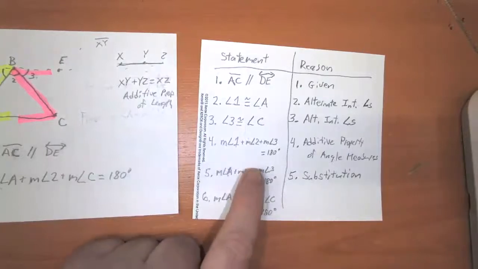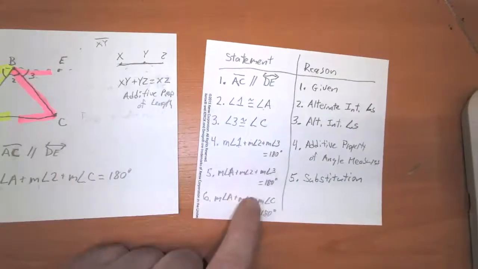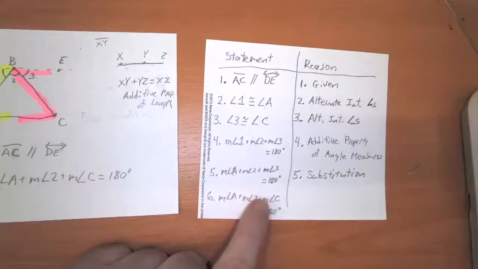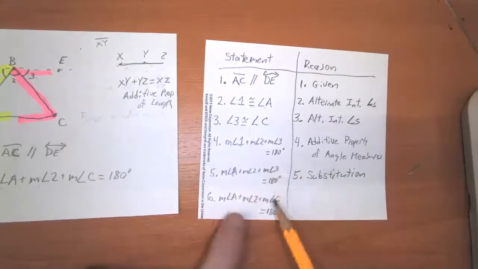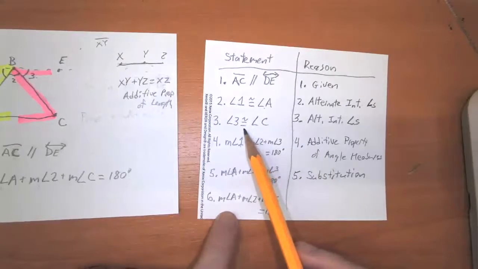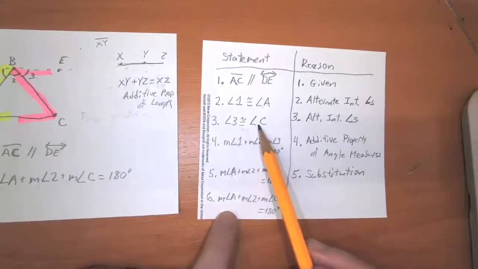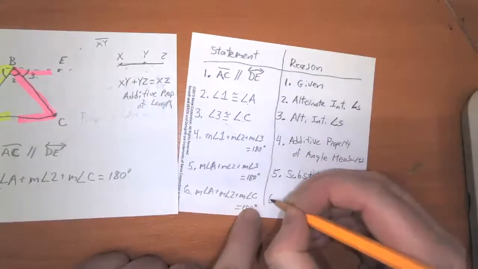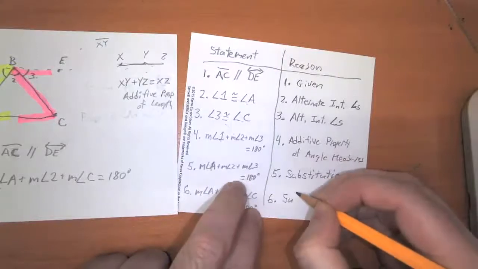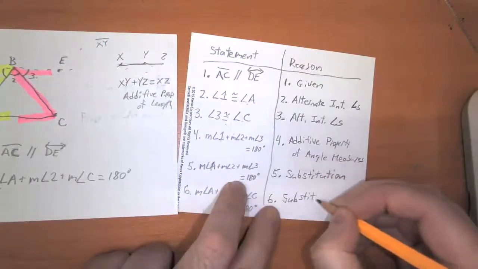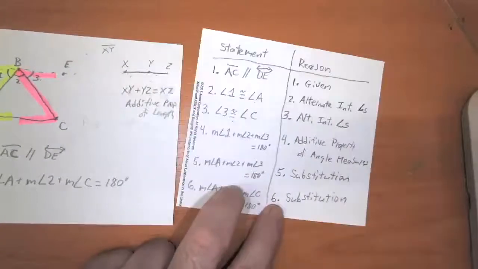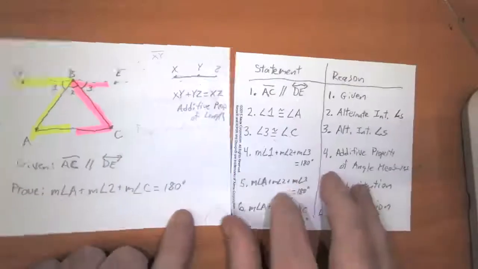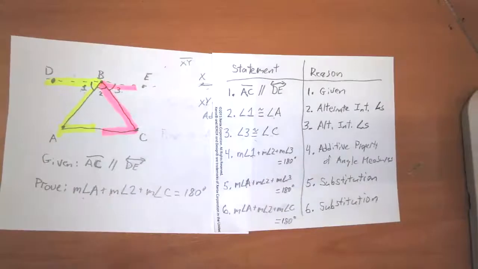Well, once again, the only difference is that I substituted out the measure of angle 3 and I substituted in the measure of angle C. And the reason I'm allowed to do that is because I showed earlier in the proof that angle 3 is congruent to angle C, so they must have the same measurement. So once again, my reason here is substitution. All right, and so since the last line of the proof is what I wanted to prove, we're done.